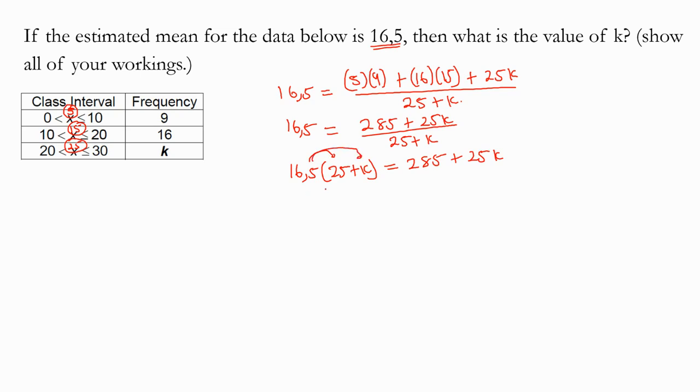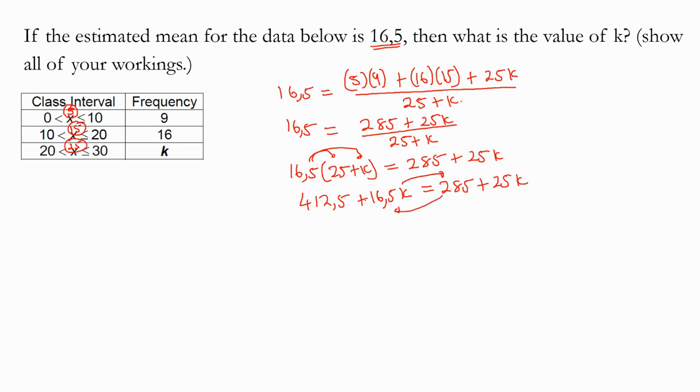So 16,5 times 25 is 412,5 plus 16,5k is equal to 285 plus 25k. Right, okay. And then we can transpose, this comes to this side, this comes to this side.